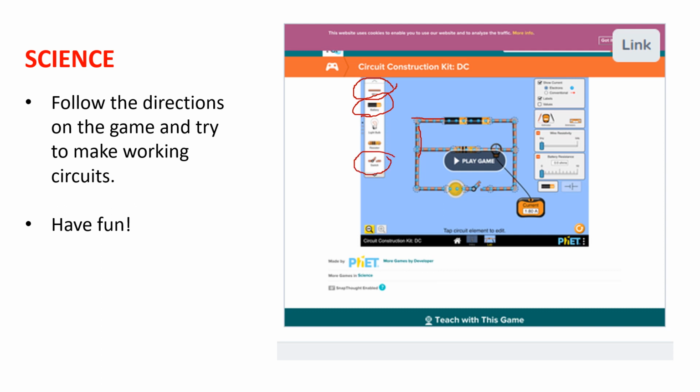Put in a switch so you can turn it off and on. It's fun to put a light bulb in, because then, if your circuit's working, you can light it up. Give it a try. You do not have to turn anything in to me today. I just thought this would be fun for something different.